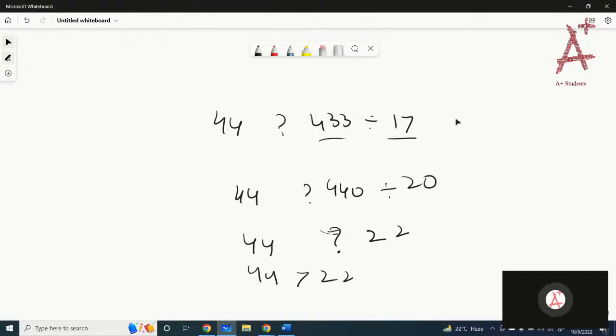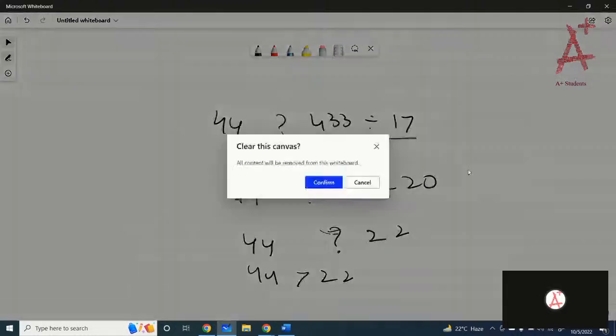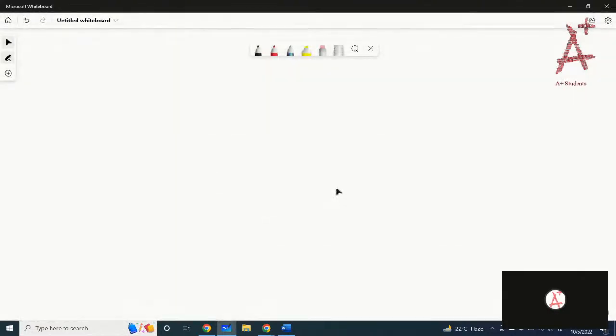Okay, the next one is 628,351 divided by 3 and 340,845. So you have to estimate the numbers.